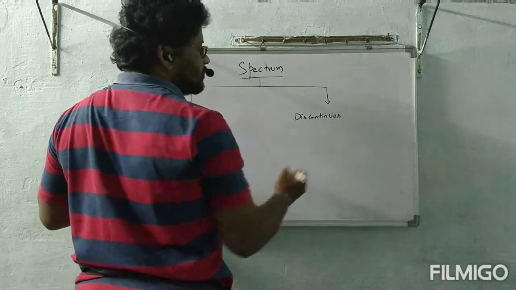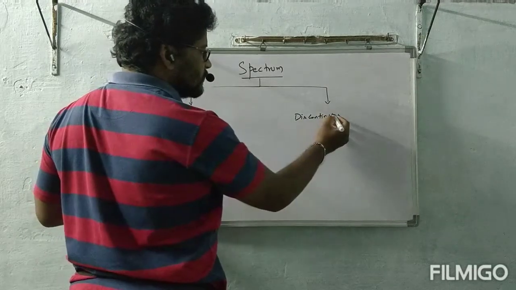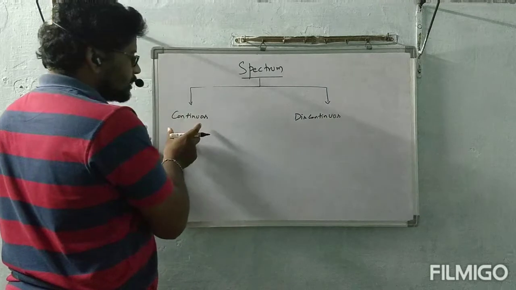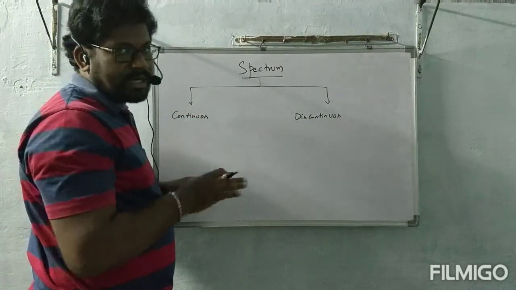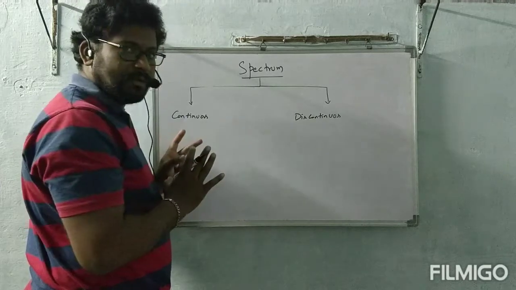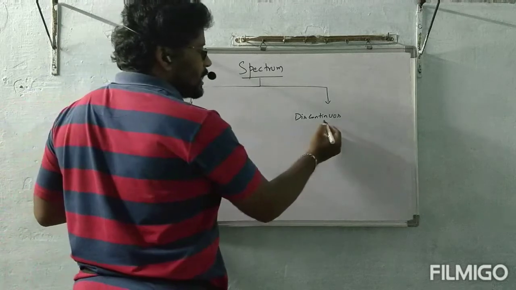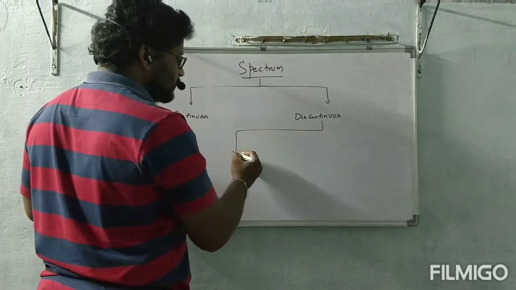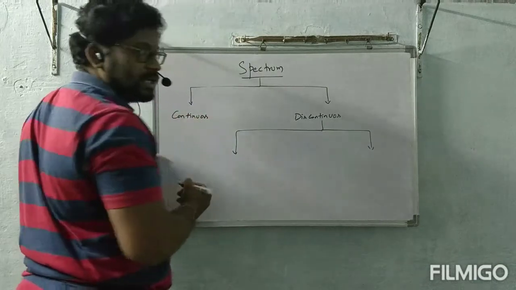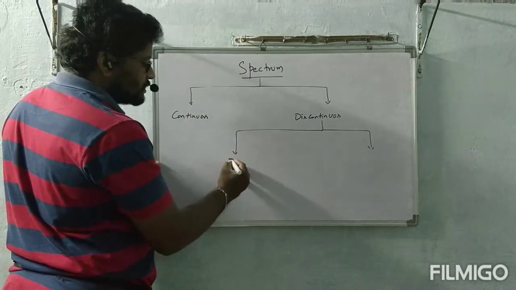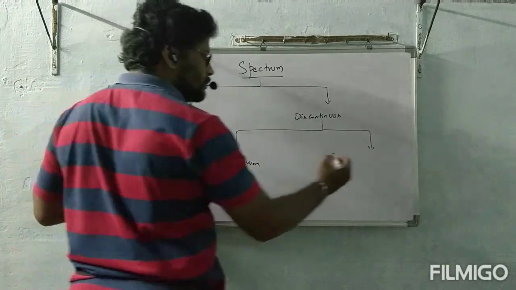In the previous class, if I wrote emission here and absorption there by mistake, you can correct it. Otherwise, this is the correct one. Under discontinuous, again two types of spectra we have: emission and absorption.